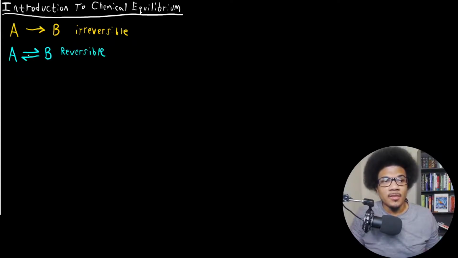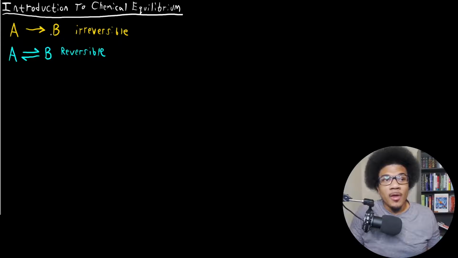This double-headed arrow implies that you can not only form B, but B can turn back around and form A as well, right? So this is analogous to the forces acting in opposite directions that I just talked about with mechanical equilibrium. You've got two things going in two different directions.